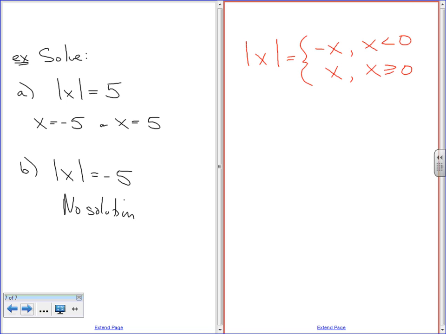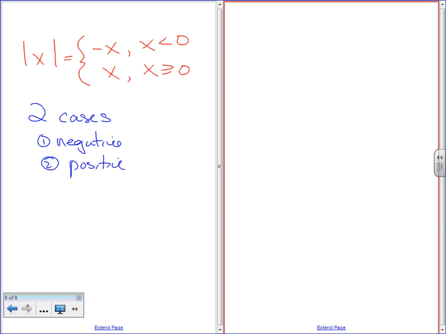But this is the important part, there's always two cases to absolute value equations. There's the negative case, which is that guy, and the positive case. So really the trick for solving absolute value equations and inequalities is just remembering that there's two cases. And that is by far the most common mistake people make on a test, is they just do the one case.